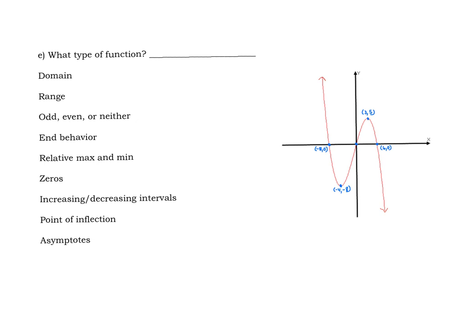Okay, this next function is a polynomial. Domain is arrow to arrow, so negative infinity to infinity, as well as the range. This is odd because one side is up, one side is down. As x approaches negative infinity, y is approaching infinity.